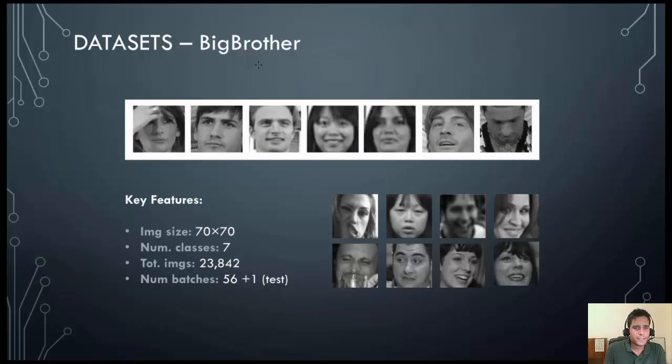For the BigBrother dataset, this dataset is highly peculiar because we have the faces of 7 different subjects that were constrained in a closed environment in a house for 56 days, which is the same as the number of training batches available in this dataset. And we have a total number of 23,000 images, and in this case they are grayscale, 70 by 70 pixels wide.